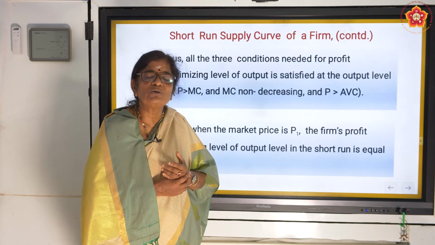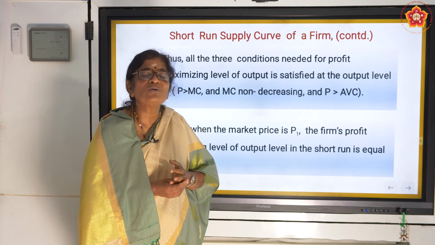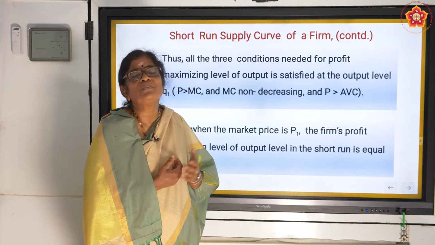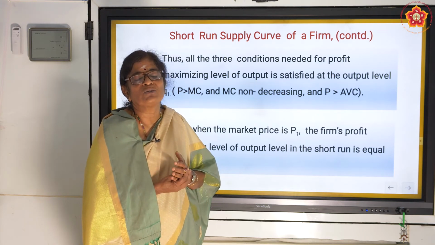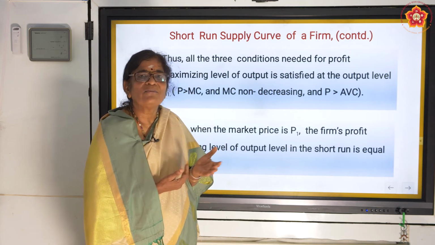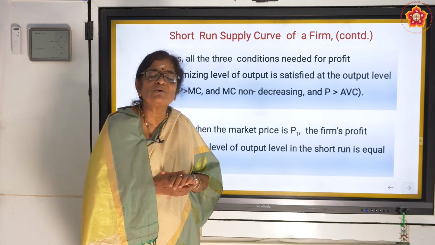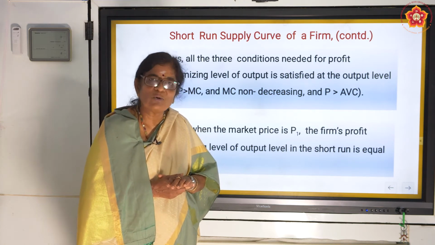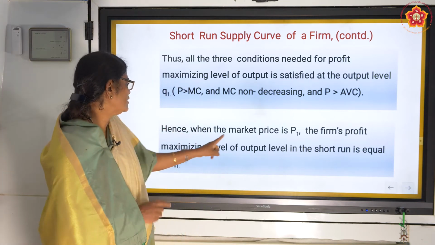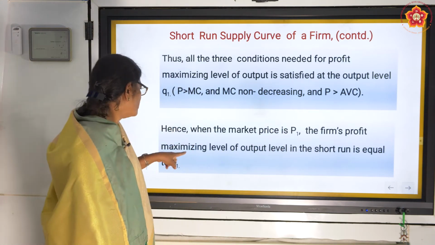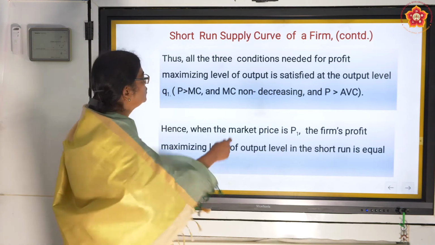Will he continue to produce tomato? No, because he couldn't meet even the variable cost by selling the tomato. Therefore, what will he do? He will just stop producing tomato. When he stops producing tomato, what do we call it? Zero production. Therefore, when the market price is P1, the firm's profit maximizing level of output in the short run is equal to Q1.